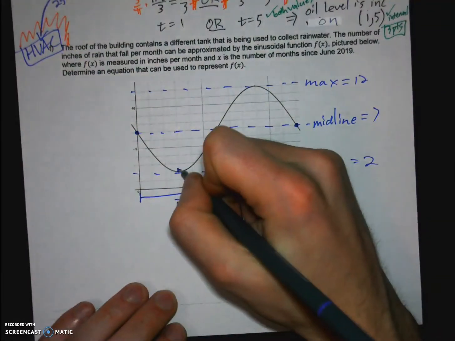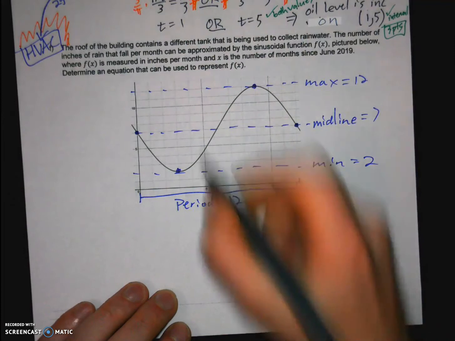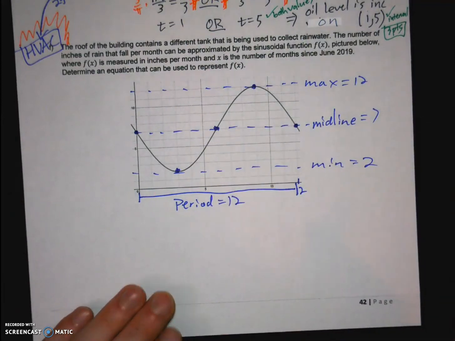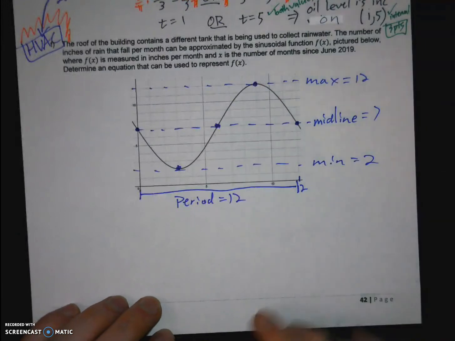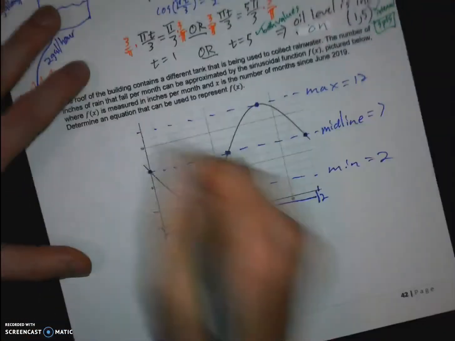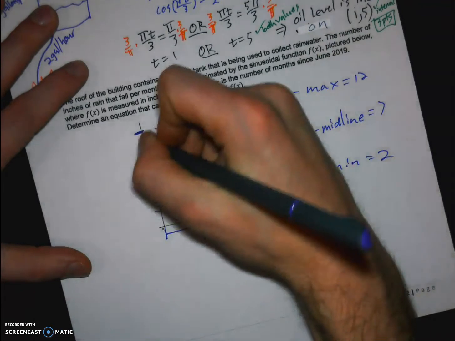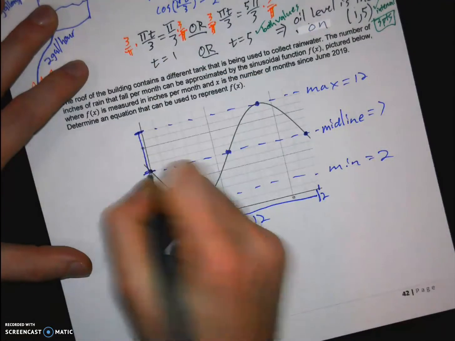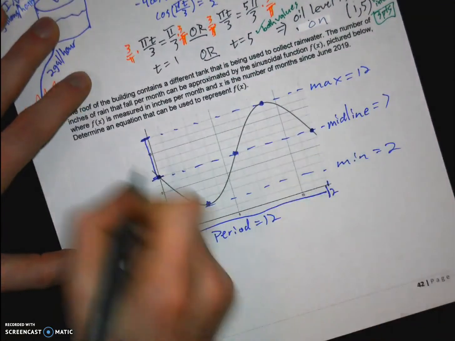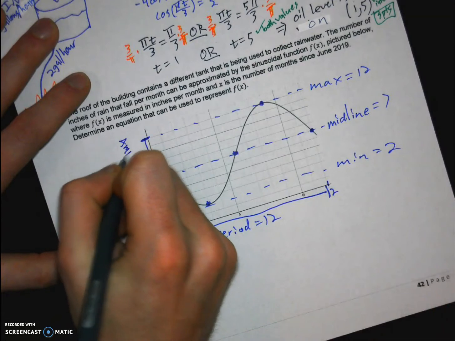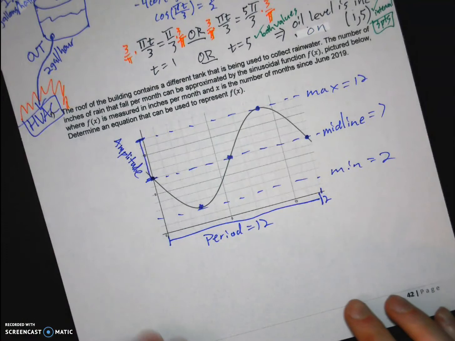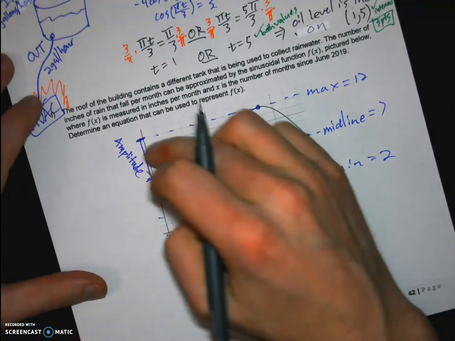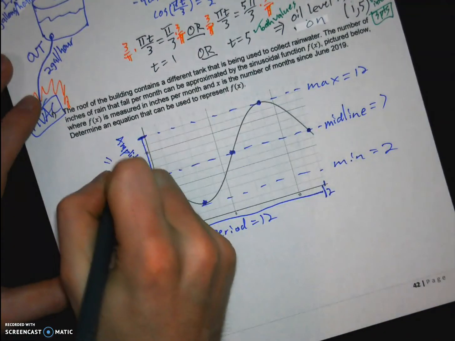Notice we go through the midline right in the middle of our period, which would be right at 6. So we want to talk about the amplitude as well. The amplitude is the distance between the max and the midline, and we can just count 1, 2, 3, 4, 5.